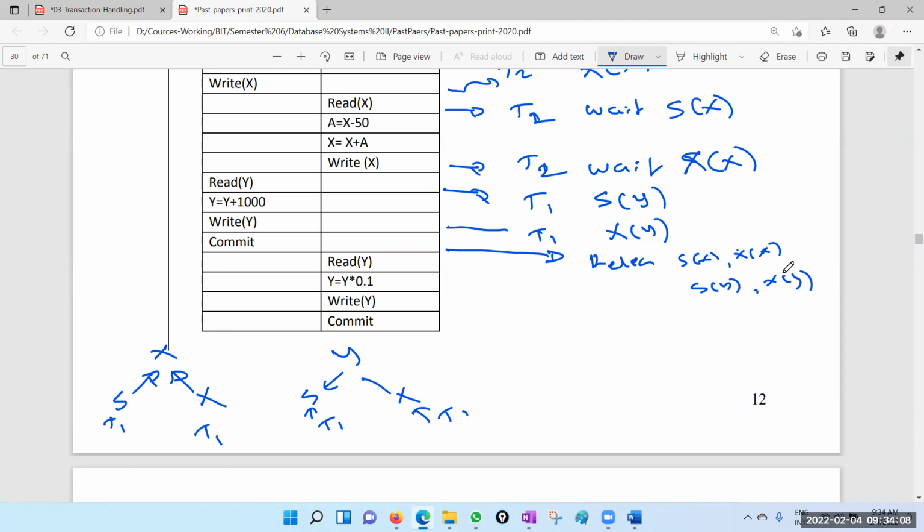Now, once you release those, the transaction that was waiting for the shared lock of X can get it.